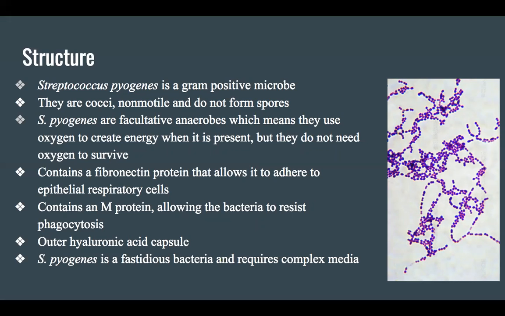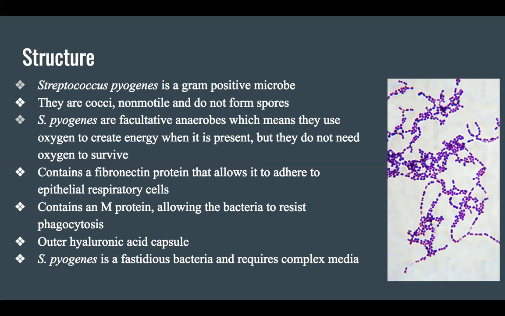It contains an M protein, which allows the bacteria to resist phagocytosis. Phagocytosis is a kind of endocytosis where the cell membrane engulfs infected cells and ultimately destroys them. And by resisting phagocytosis, cells that are infected with S. pyogenes can live longer inside the host, and they cannot be as easily destroyed without phagocytosis.